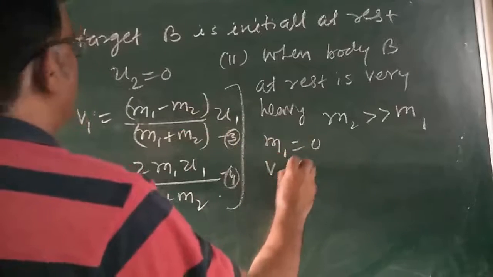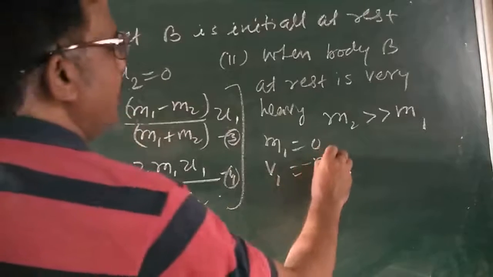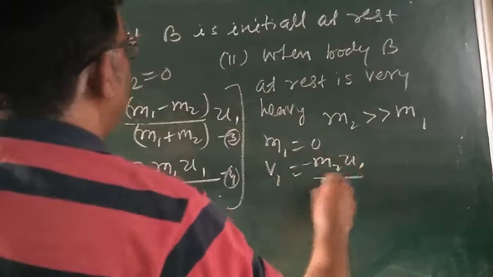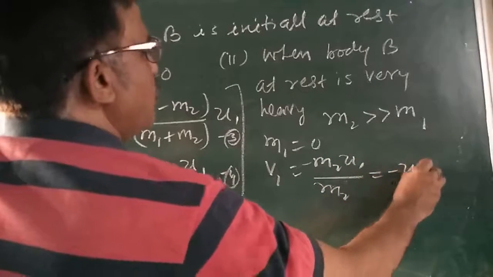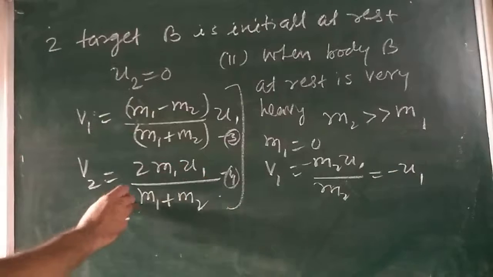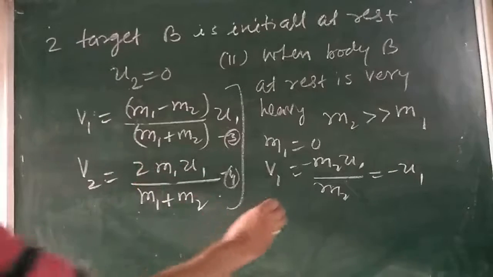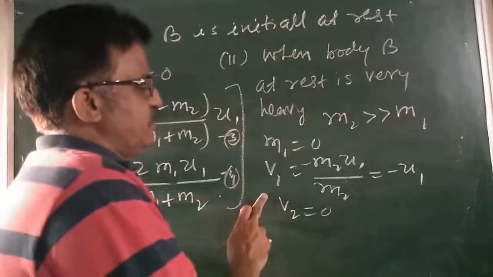So V1 comes out to be minus M2 U1 divided by M2, so minus U1. So V1 comes out to be minus U1, and V2, M1 को 0 रख रहे हैं अपन, so V2 is 0.